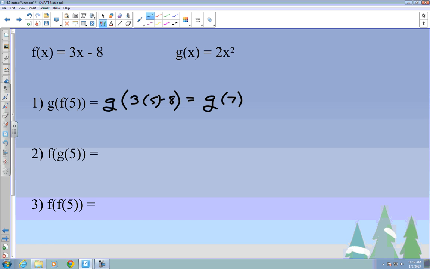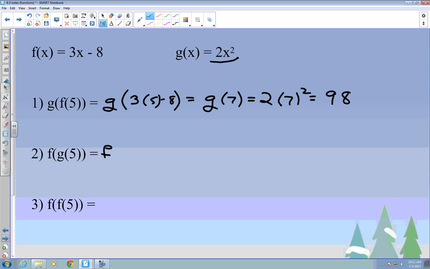And then we substitute into our G function. So I get 2 times 7 squared. 7 squared is 49. Times 2, you get 98. We get 98? Okay. Let's look at the next one.